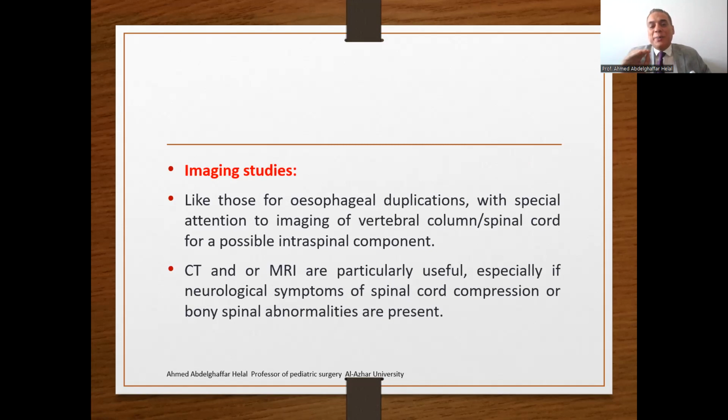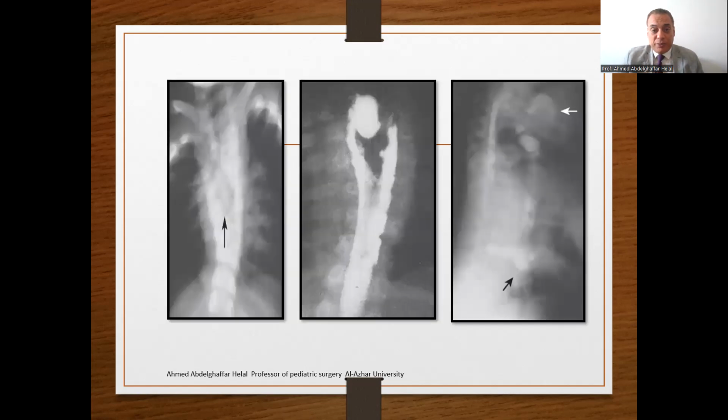CT or MRI are particularly useful, especially if neurological symptoms of spinal cord compression or bony spinal abnormalities are present. So CT and MRI are very essential investigations.